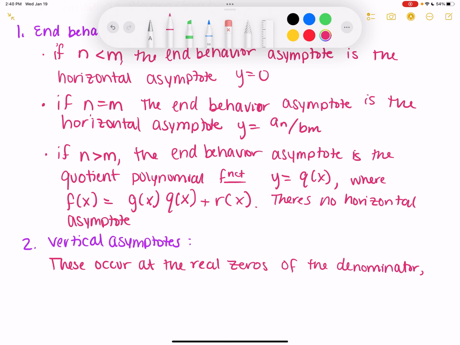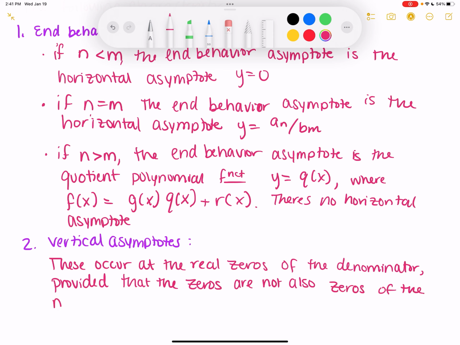It's true. Provided that the zeros are not also zeros of the numerator of equal or greater multiplicity.